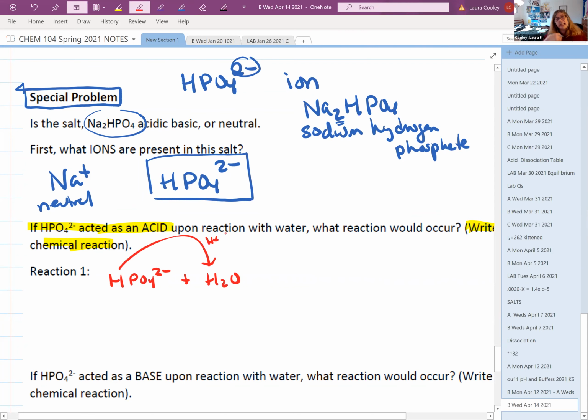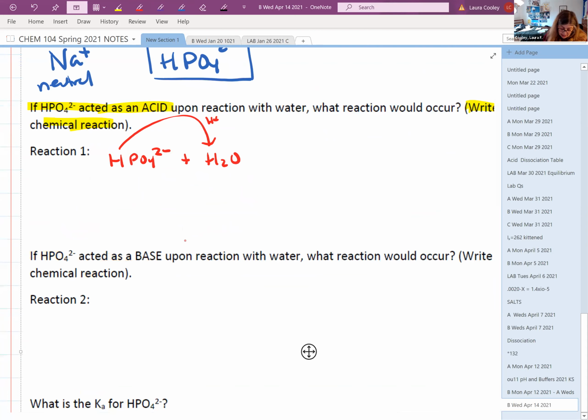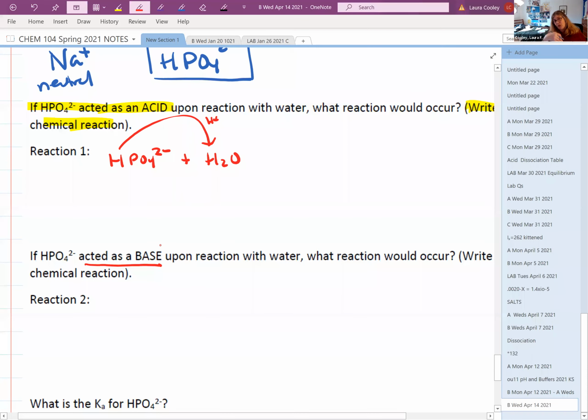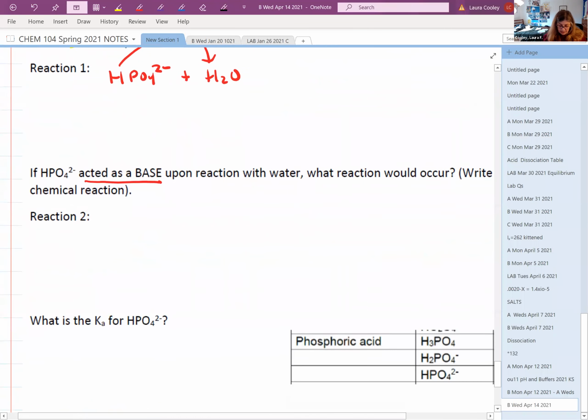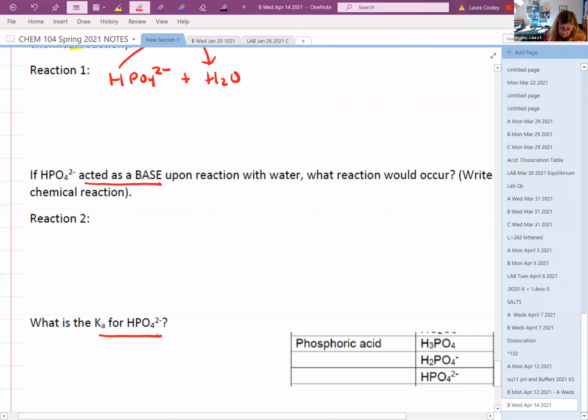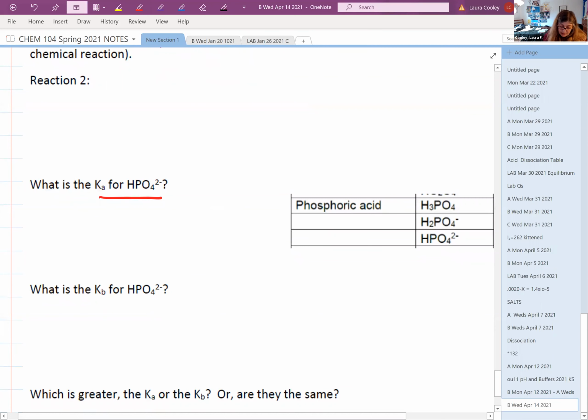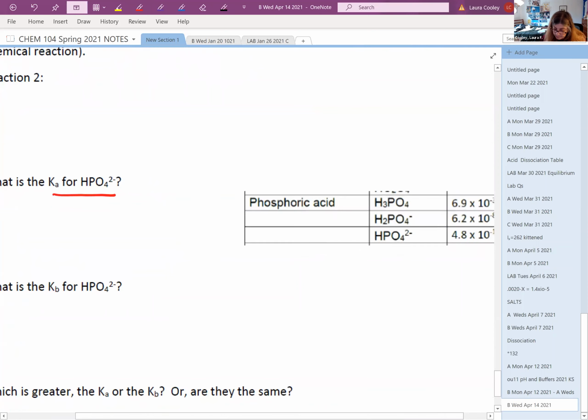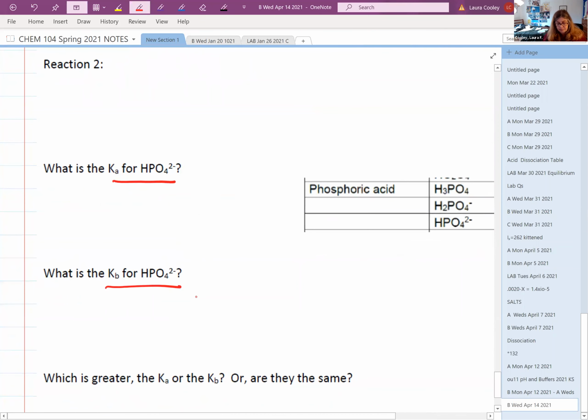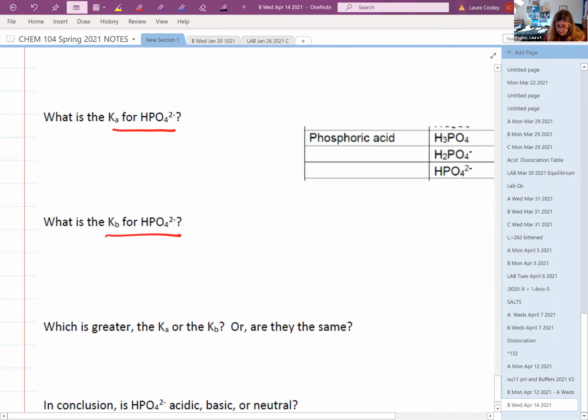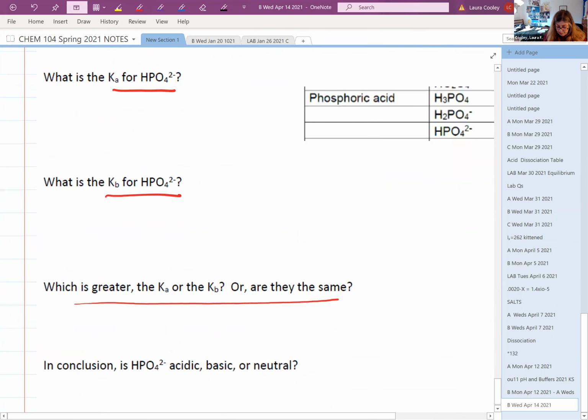That would be it acting as an acid. And under here, do the same thing, but for it acting as a base. So H+ would have to go the other way. Then it asks you to compare the Ka for HPO4, which is given in the chart right here, to the Kb, and figure out which is greater, and by that determine whether it's acidic, basic, or neutral.